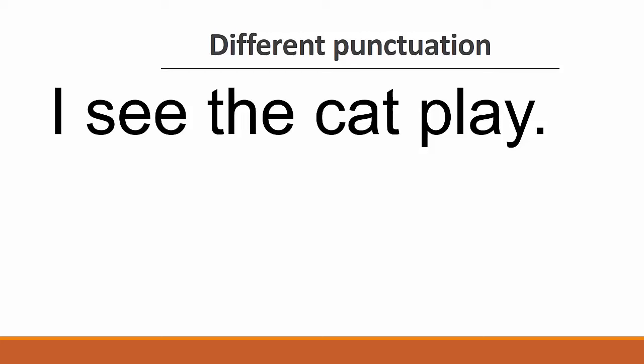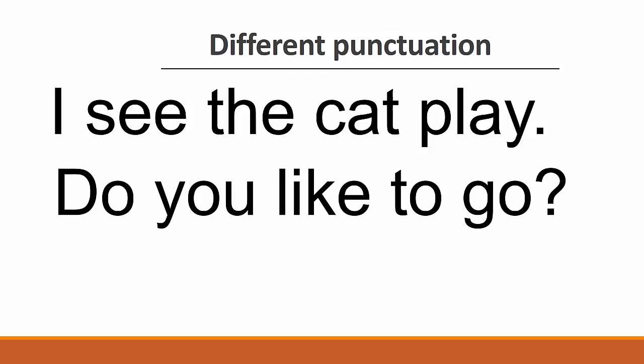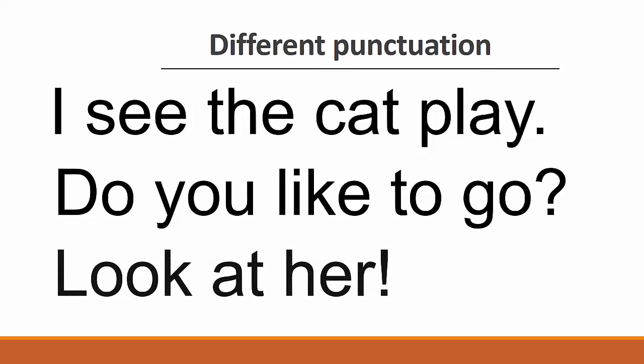The second one has a question mark at the end, which makes this kind of sentence a question. Do you like to go? The last one is an exclamation point. That's one of my favorites. I like exclamation points because they sound happy. Look at her! I'm exclaiming, wow, look at that! An exclamation point.